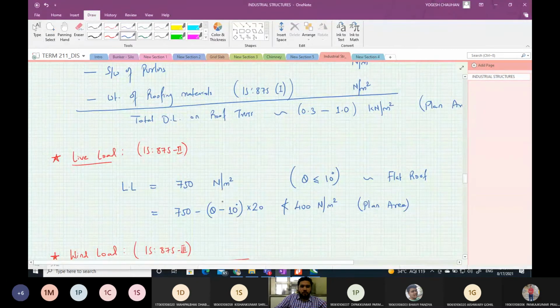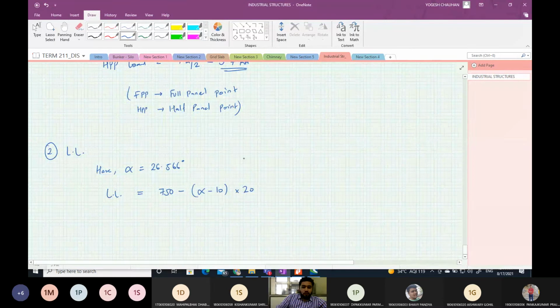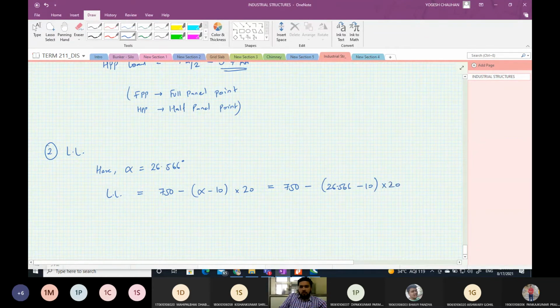This is the formula. Here we have used alpha instead of theta because our slope is more than 10 degree. So we have to use the reduced live load. So this will be 750 minus 20 into (26.566 minus 10).